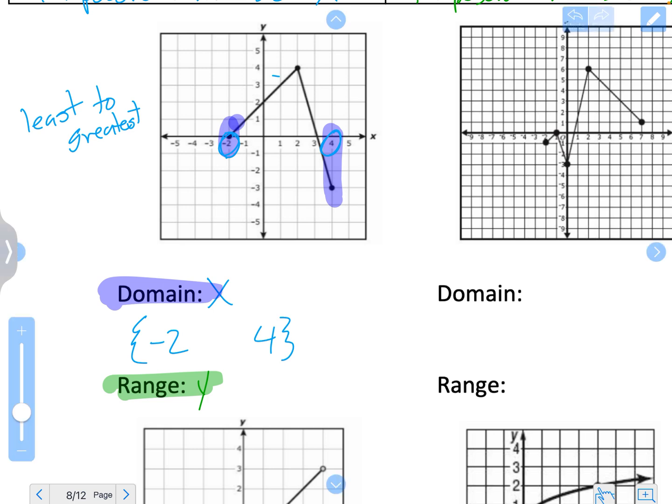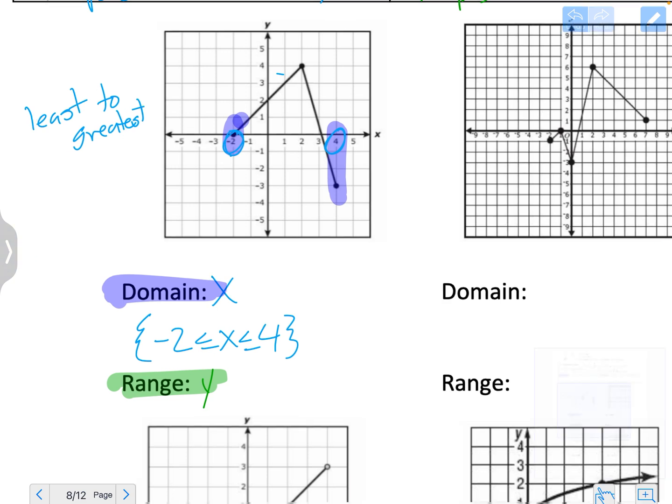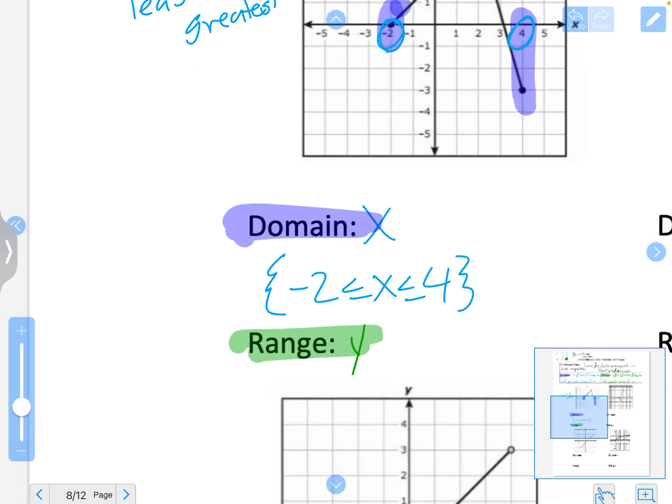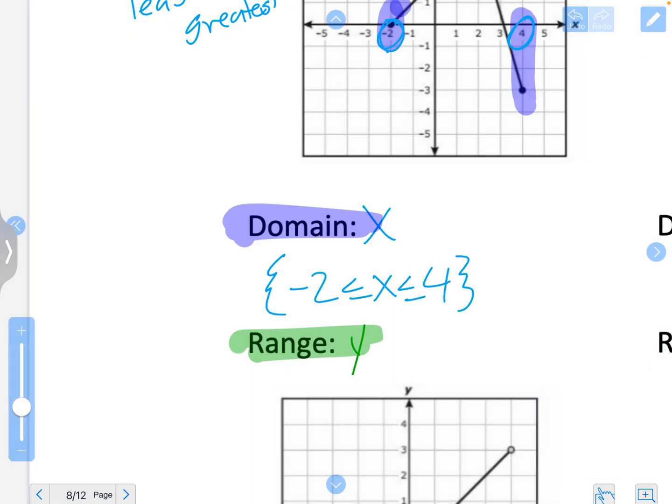So X is going to be any number that is greater than or equal to -2, or less than or equal to 4. We're always going to use the less than sign when we write it in that inequality.